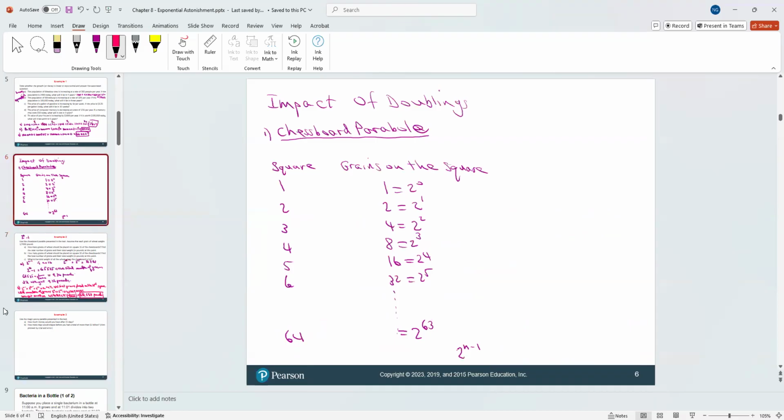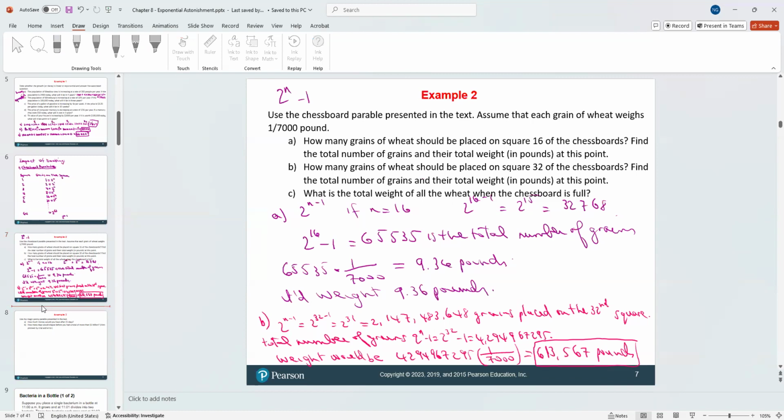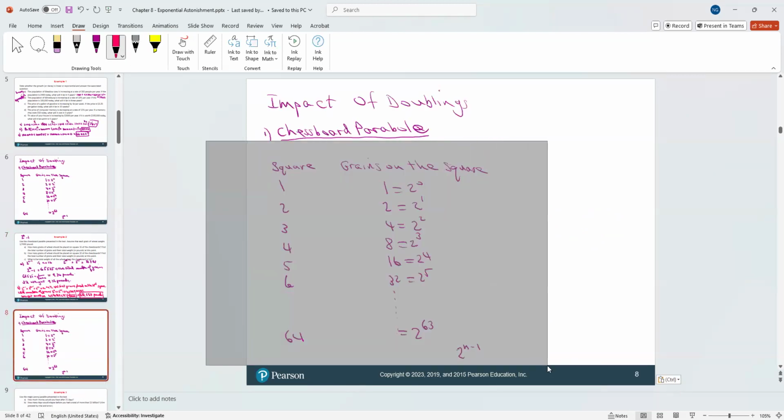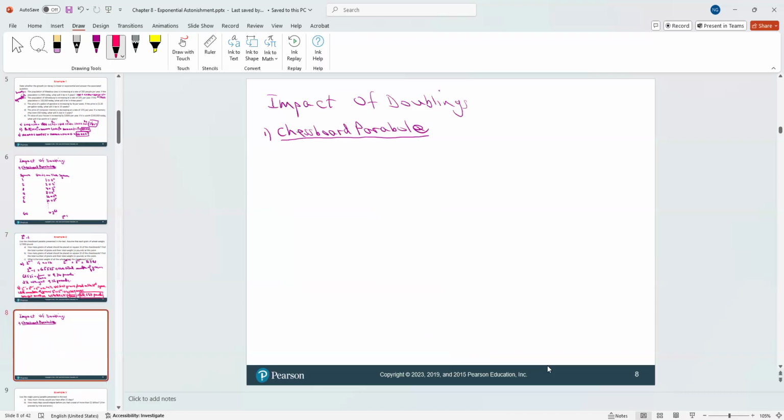We talked about the chessboard, but if we want, the second one we can talk about as an impact of doubling is number two, the magic penny parable.